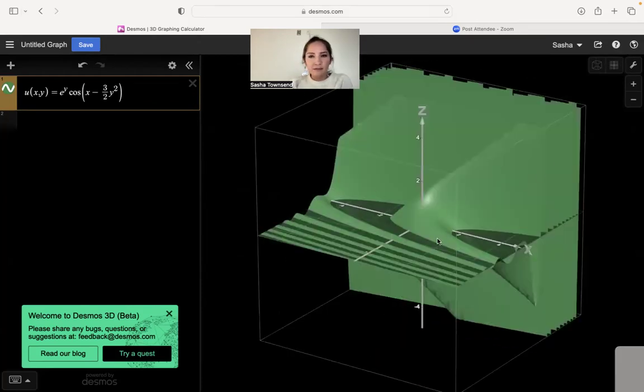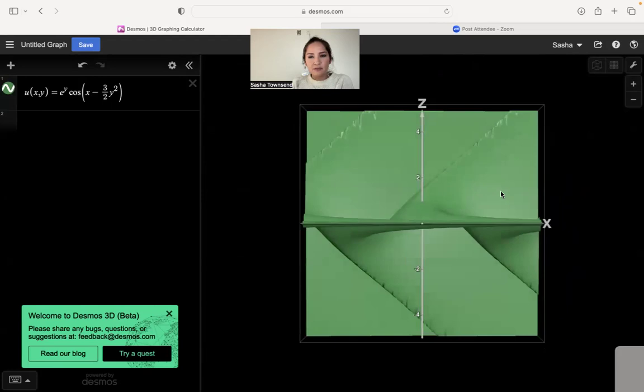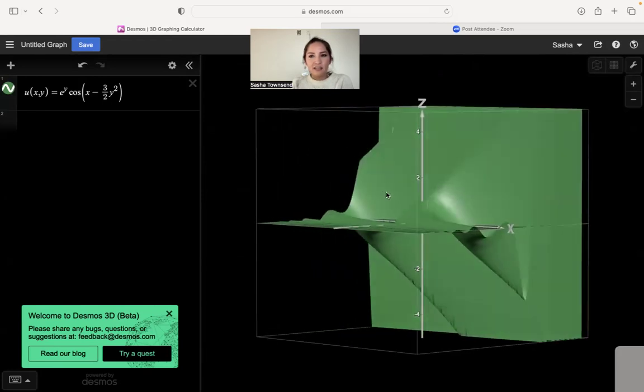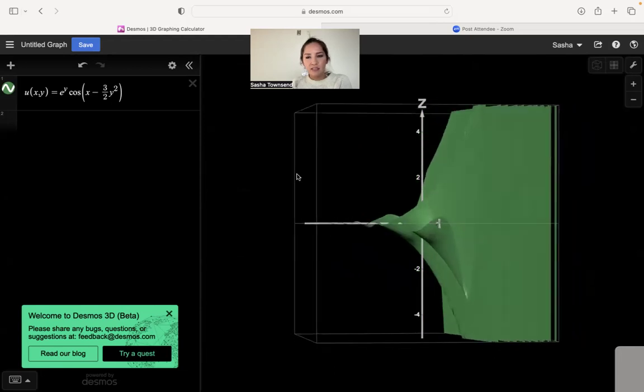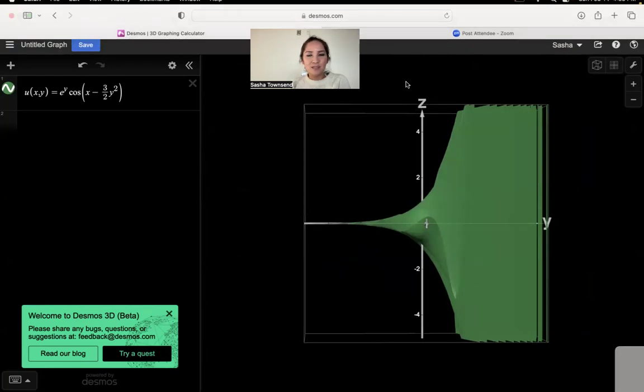But that is our graph. If you look at it this way, you can see u as a function of x almost. And if you look at it this way, you can see u as a function of t almost. And I think that's pretty cool.